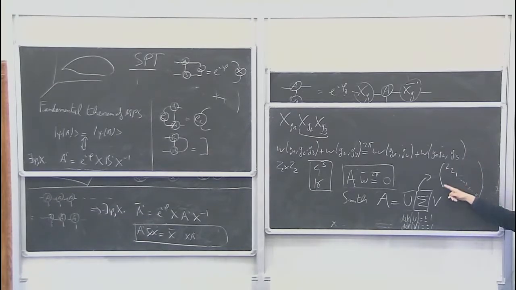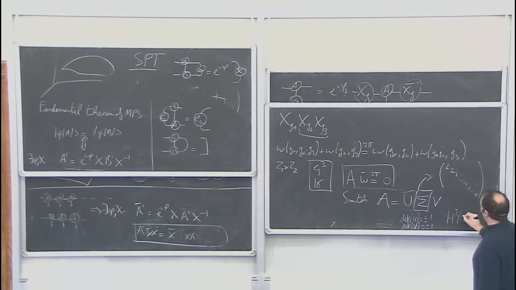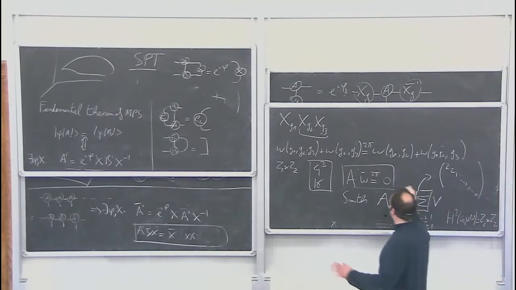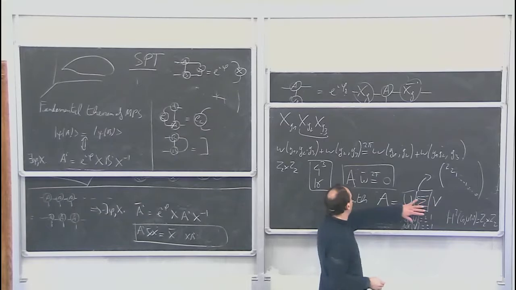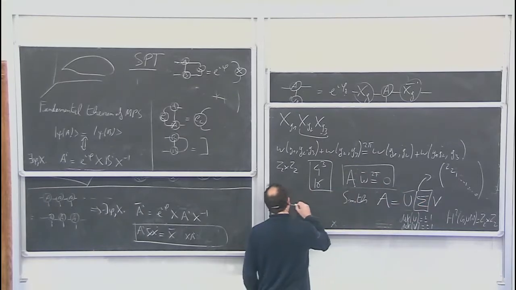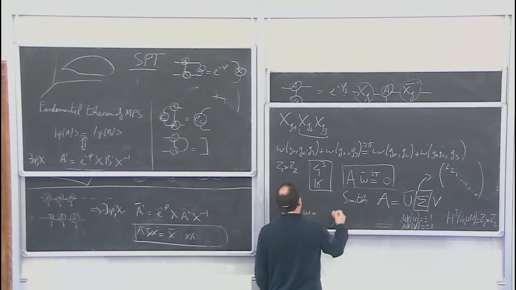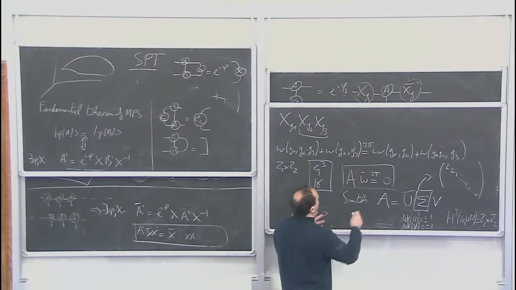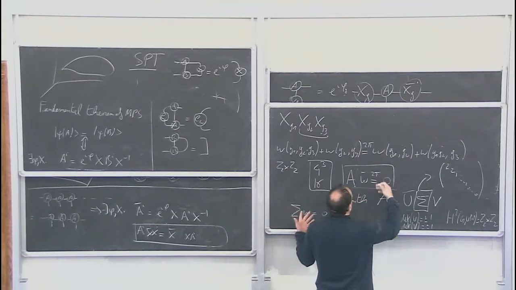And if this comes out of the Smith normal form, I immediately know that H2 of my group U1 is equal to Z2 times Z2. Why is this? Because the matrices V and U have determinant 1, I can forget about them, and this equation becomes equivalent to sigma times omega is equal to 0.